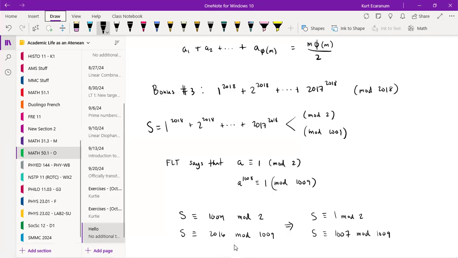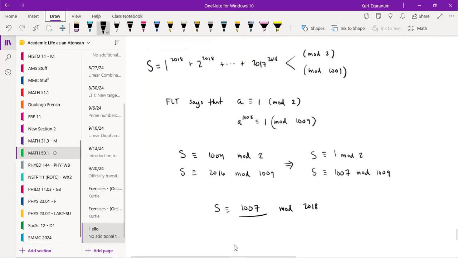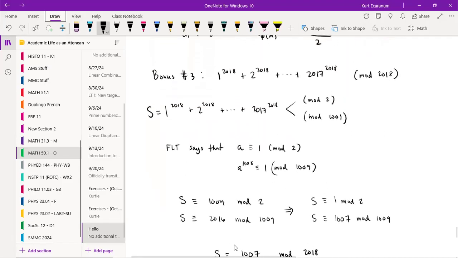Yeah. And so yes, it's 1007. So the remainder is 1007. 2018 pala. Yeah. Tingnan ko lang ulit.